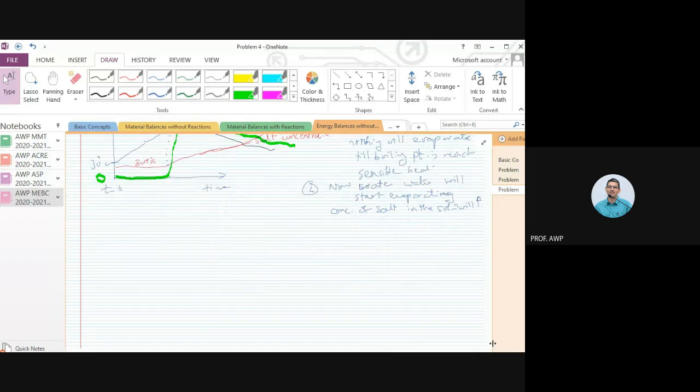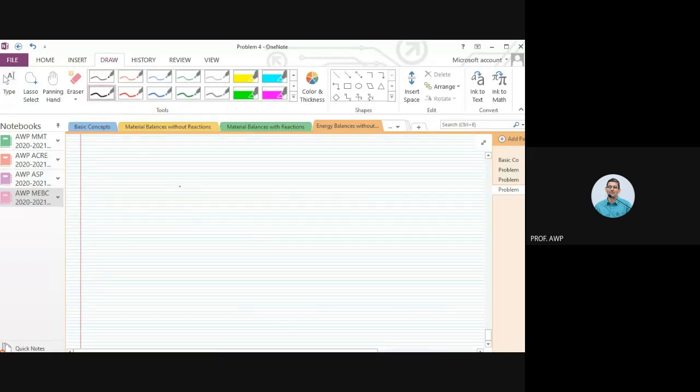If your evaporator 1 is operating at 1 atmosphere, let's say the second one is operating at, let's say, 0.8 atmosphere. Just take some numbers.